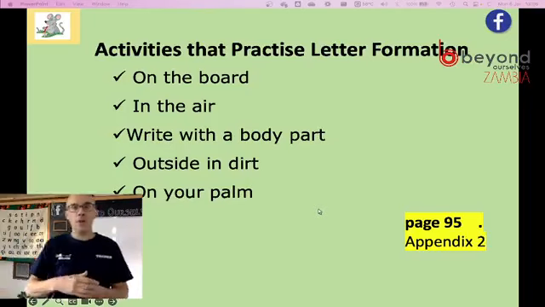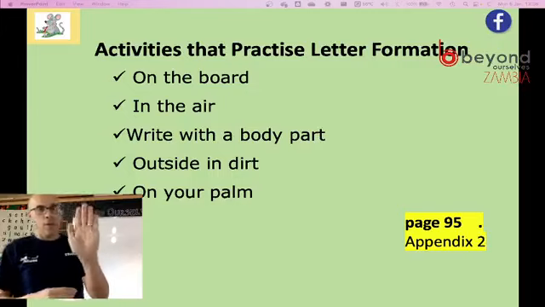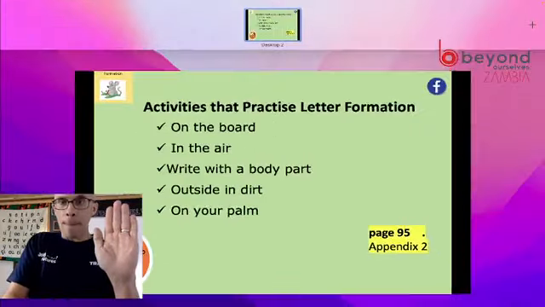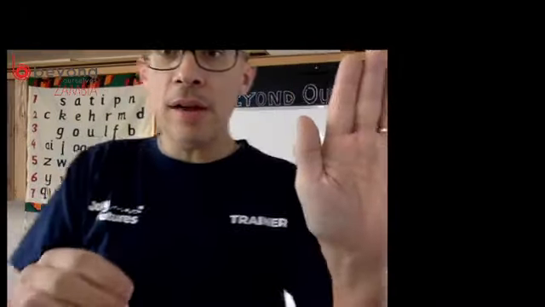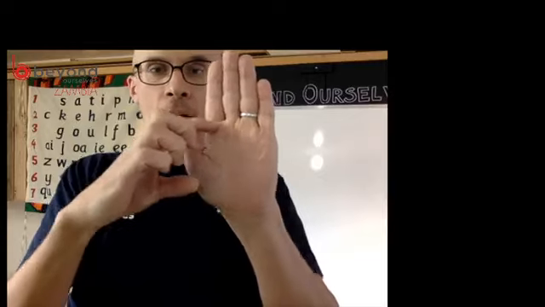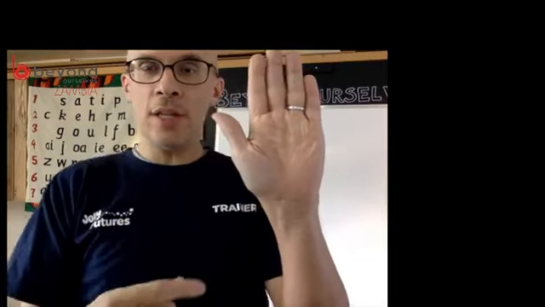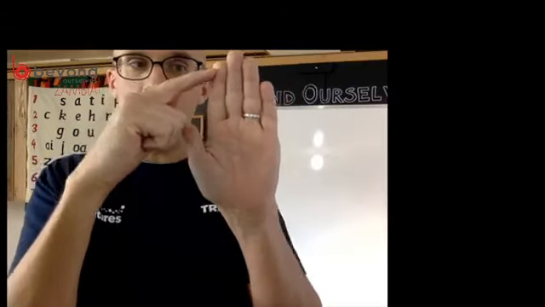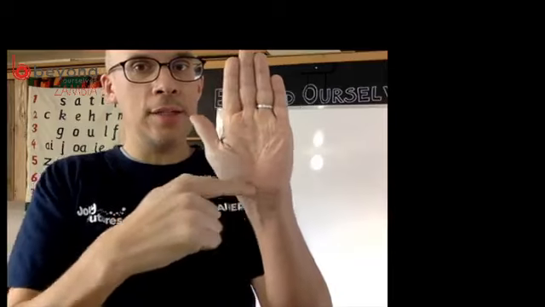But first, you might want to talk about writing on their palm. What's good here is that on your hand, we've got a dotted middle line, and this is your bottom line. So if you're writing on your hand, let's say we're doing B, it's going to go down, down, up, over, round, and touch.